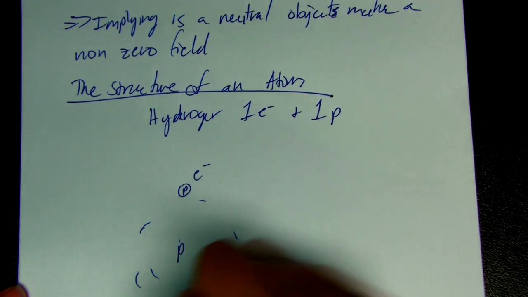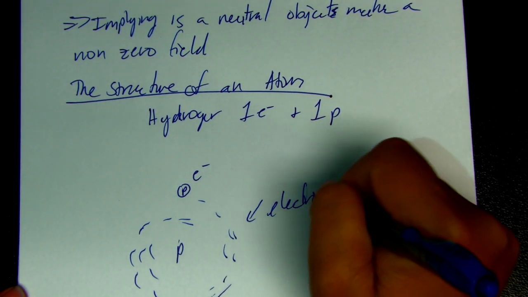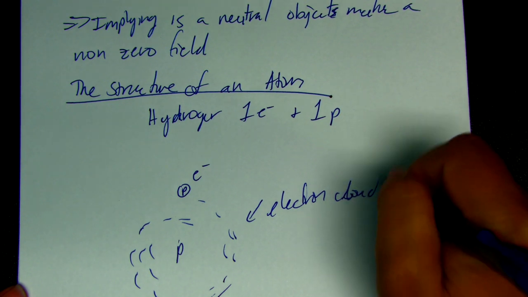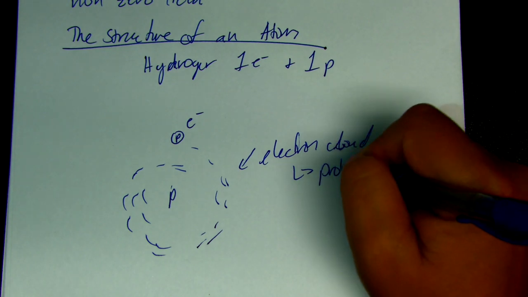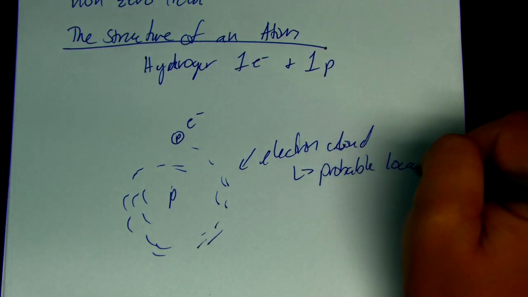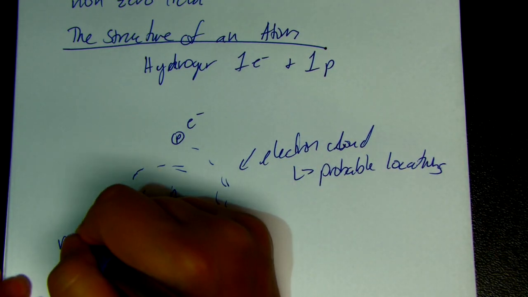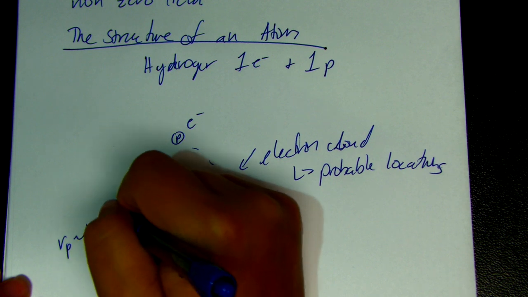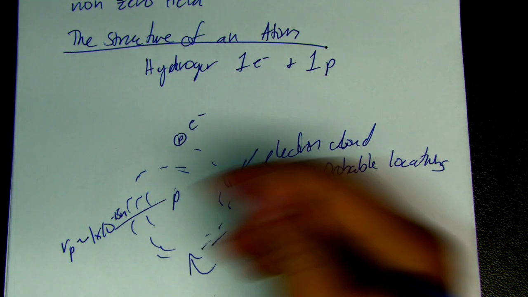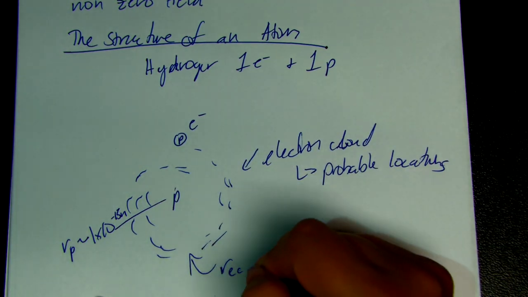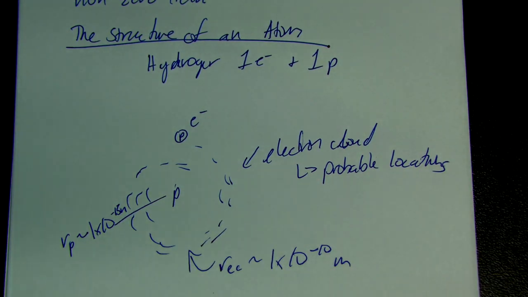We have the electron cloud, which is a bunch of probable locations. So the radius of the proton is approximately 1 × 10⁻¹⁵ meters, and the radius of the electron cloud is approximately 1 × 10⁻¹⁰ meters. That's what gets us our atom radius.